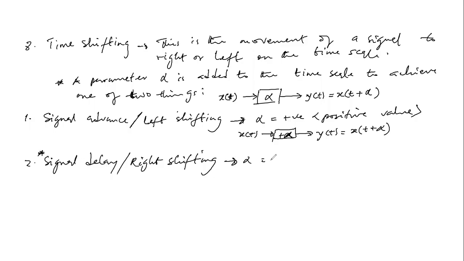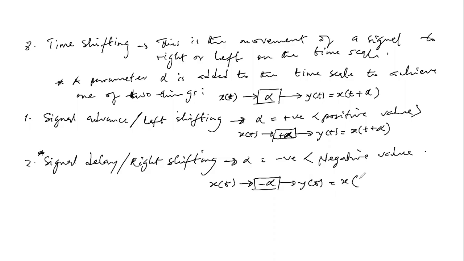Here, alpha is a negative value. Then it means that s of t goes into a system where alpha is negative. And then we have y of t being the same as s of t minus alpha, because minus times plus is minus alpha.